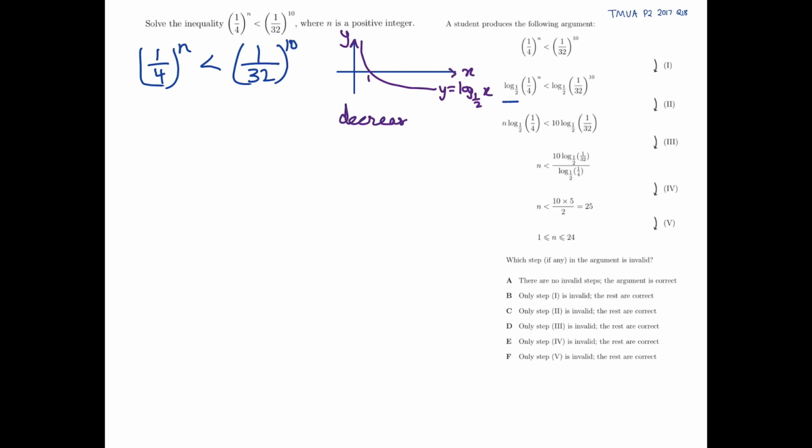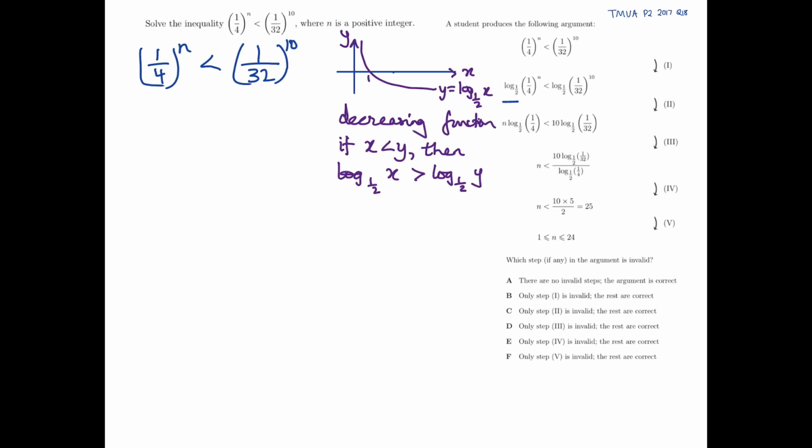So what does that actually mean? Well, let's look at it this way. If x is less than y, then log base half of x will be greater than log base half of y. If that's a bit hard to understand, let me draw it out for you.